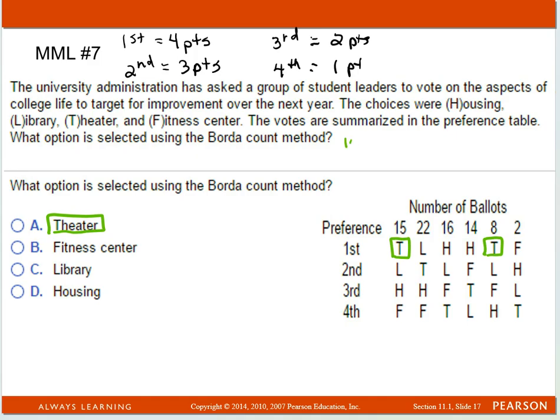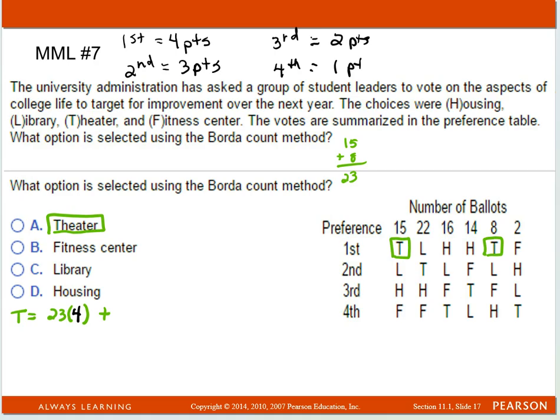So when I add the 15 plus the 8, that is 23. I'm going to put down T for theater. They're going to get 23 first place votes, and each one of those first place votes will earn them 4 points. So you'll take 23 times 4, and that'll be the total number of points they earn for being in first place.